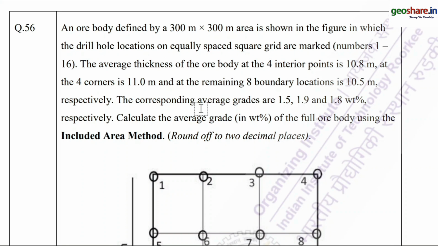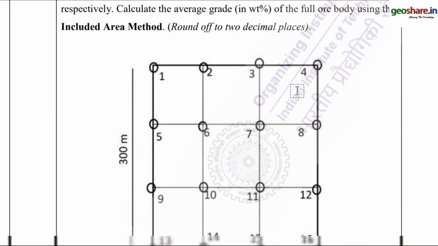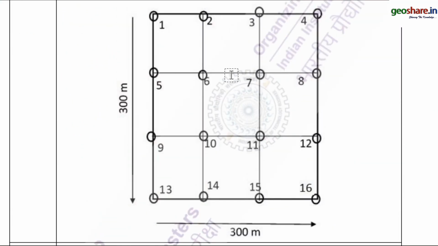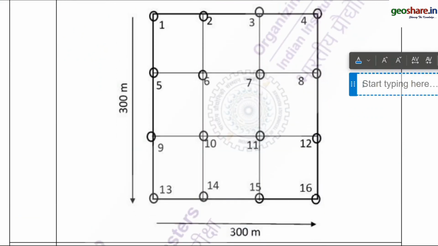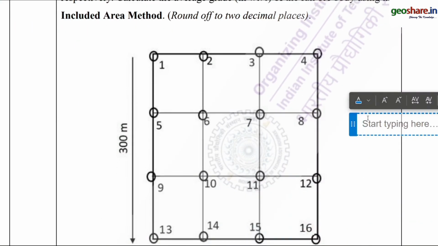Calculate the average grade in weight percent of the full ore body using the included area method. Round to two decimal places. This is the figure, and the answer will be 1.672, 1.68.